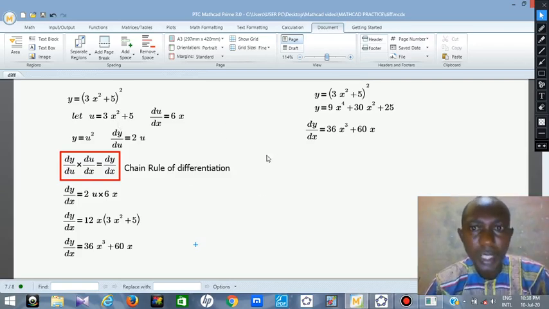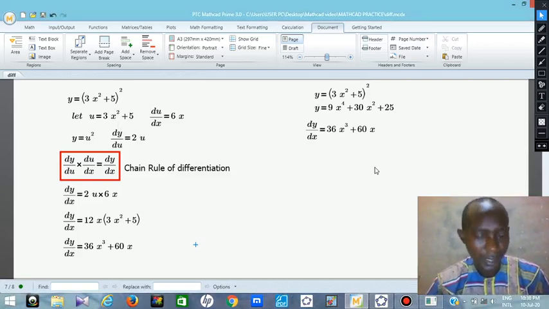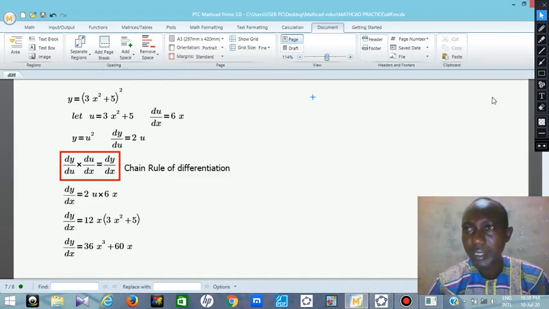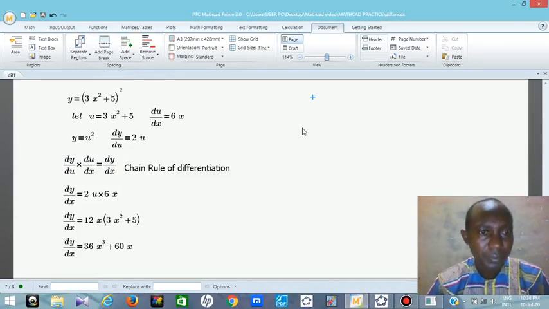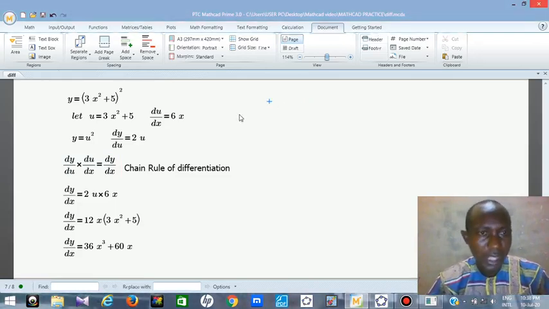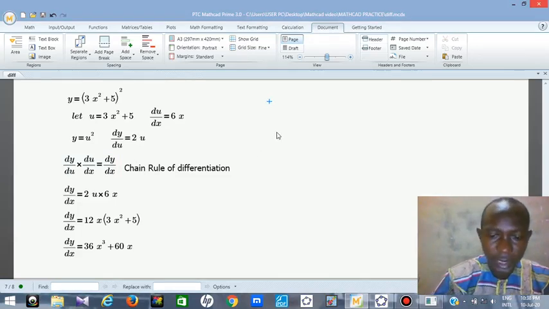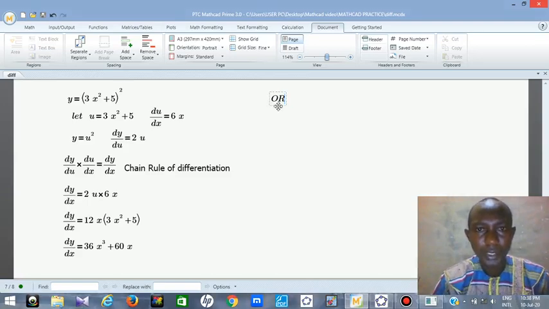I'm still going to do that differentiation for you to get it very well. So let me remove this and close this. Okay, but if you don't want to use this method, most times I don't like using the chain rule when I want to solve function of a function. You can use this other approach, which I like using most times.